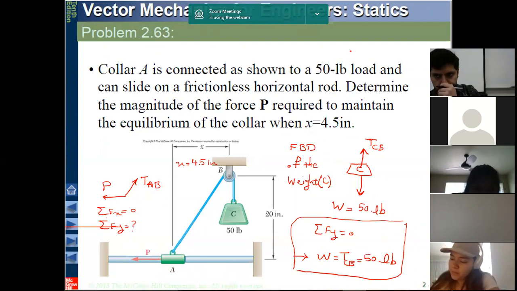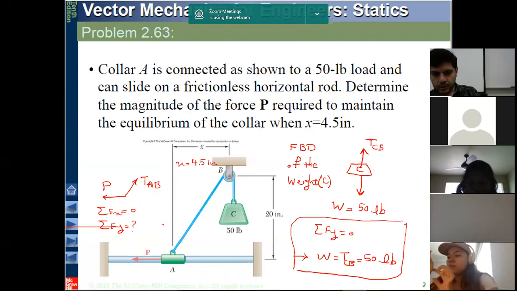Yeah, normal force from the rod. Thank you. So this collar is free to slide on the rod. When it is said it's free to slide, it means that there's no friction in the rod.